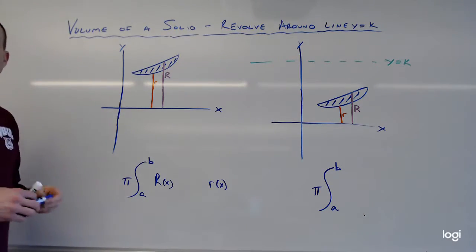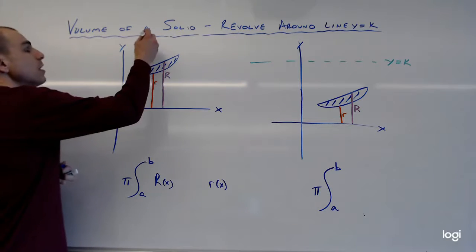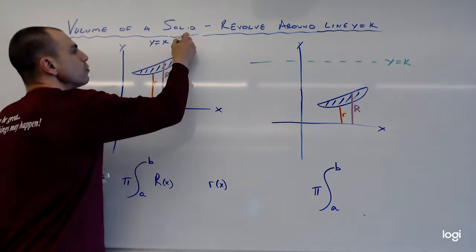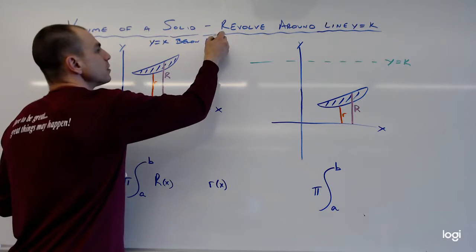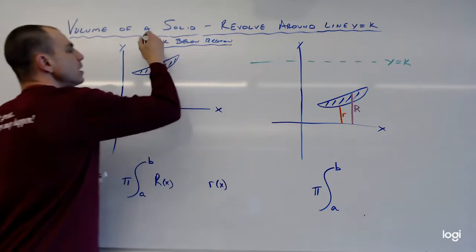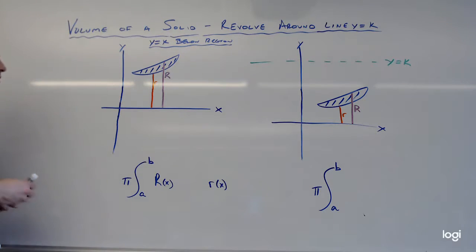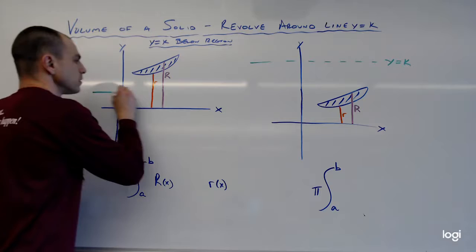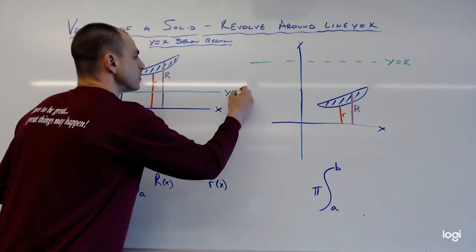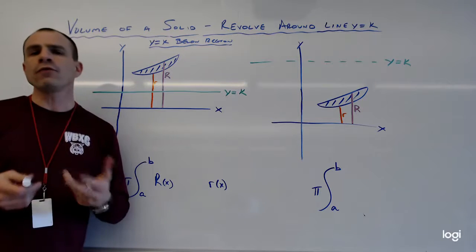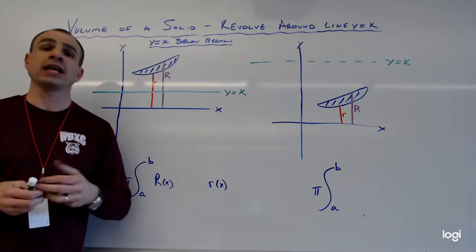There's basically two situations. The first situation is, what if y equals k is below the region? So let me draw y equals k right here. If that's the situation, what have we done with our radii, in essence?